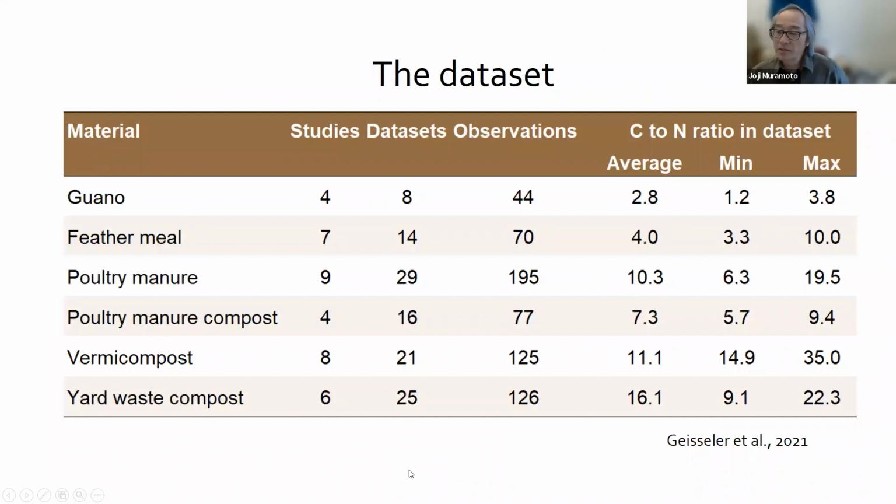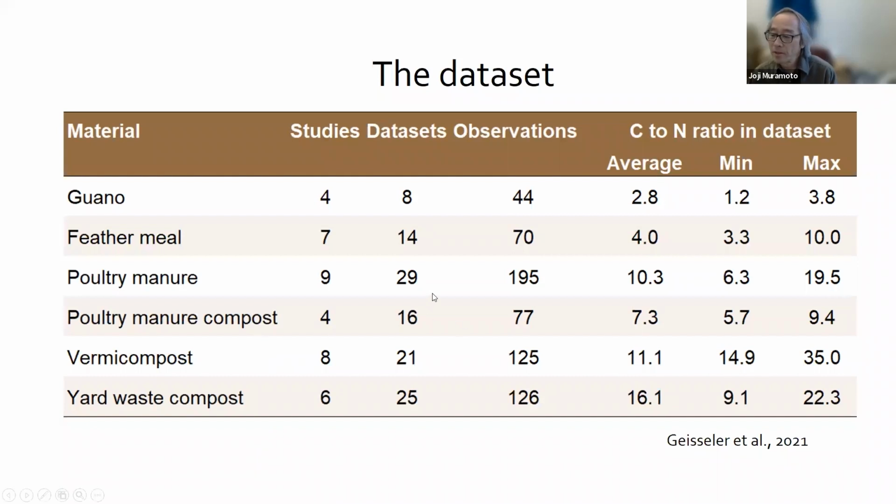But there are so many different kinds of fertilizers, even in the same category, like guano, feather meal, poultry manure, compost. There are so many different kinds, and we cannot test all of them. So we collected available data from published literature and compiled it to make a simulation model, so that we can use it as a decision support tool.